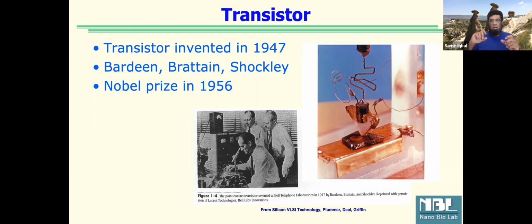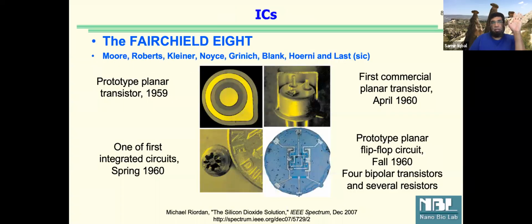When you say on, we change the third terminal so the current can start flowing. That's the whole concept of transistors. So they came up with the idea that we can have a three-terminal device where you control the current flow between two terminals by controlling the third terminal, hence the transistor. That was a long time ago, 56.